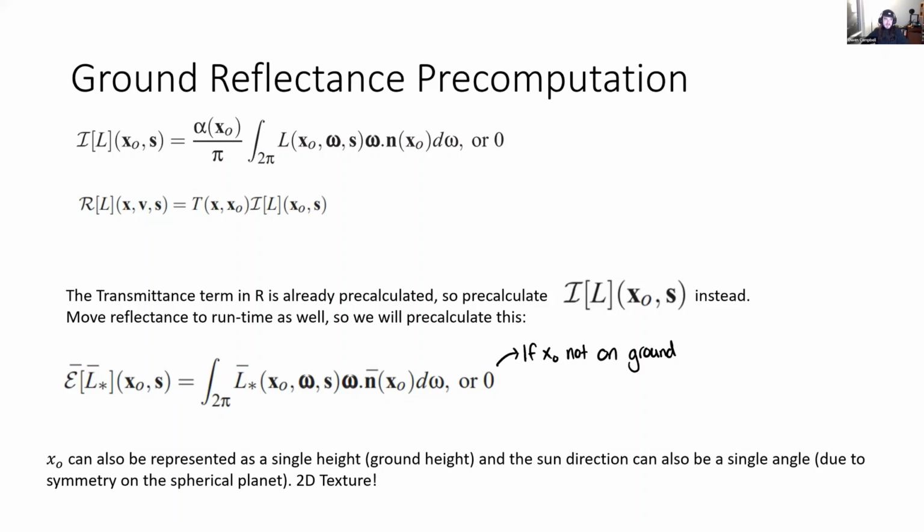And we can represent the sun direction by just a single angle as well, which is how much up or down the sun is from your height. Again, because it's a spherical scenario here.